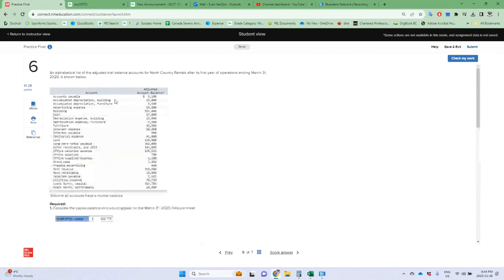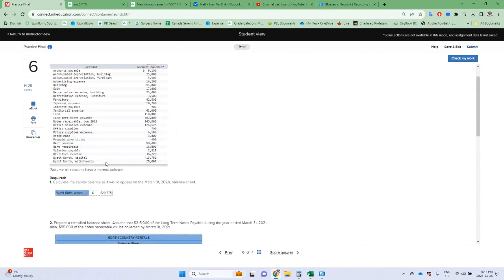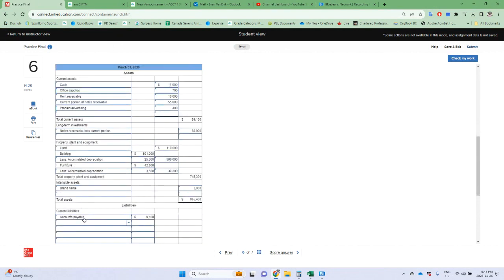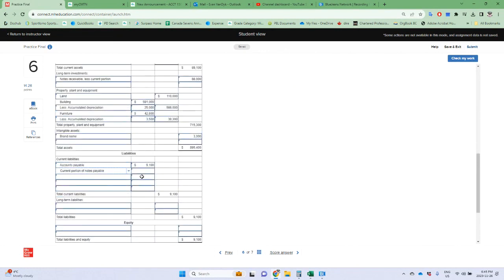And we've got our accounts payable, 9,100 under current liabilities. And what else? Our current portion of our long-term note payable. And that is at 215,000.